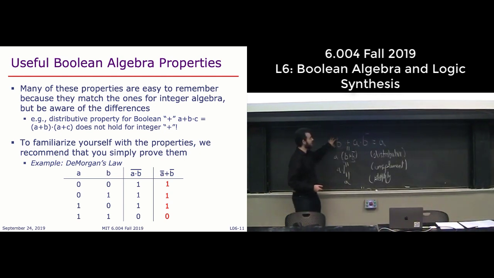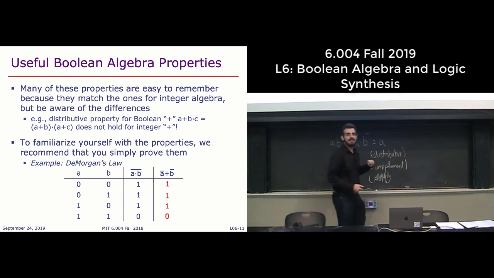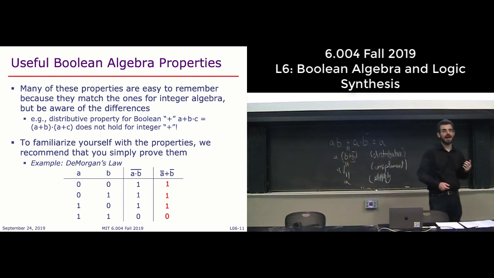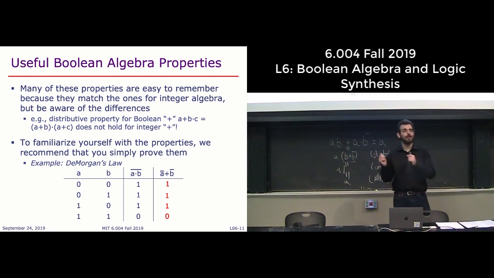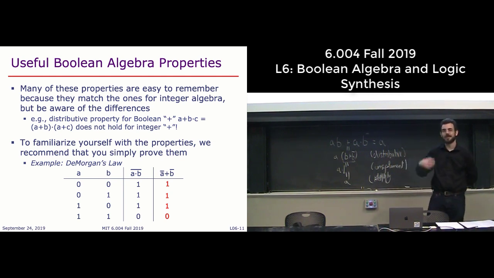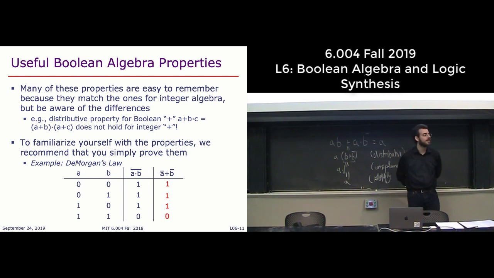If you see this formula over here, AND has higher priority than OR. It's the same precedence rules as within regular algebra. That's a good question, because this is going to arise multiple times. These kinds of expressions are called sums of products, and you need to know that the products come before the sums, or the ANDs come before the ORs. Okay, any other questions?